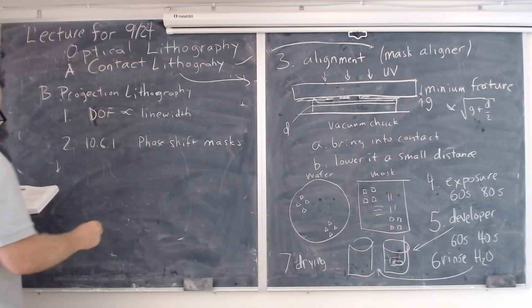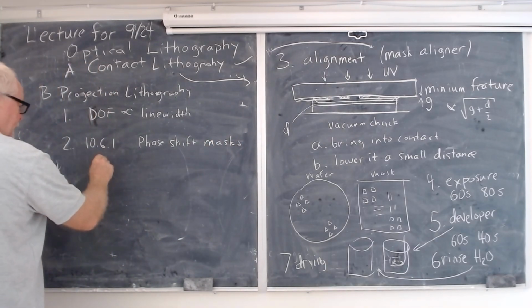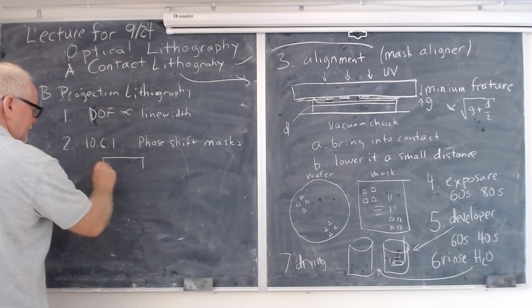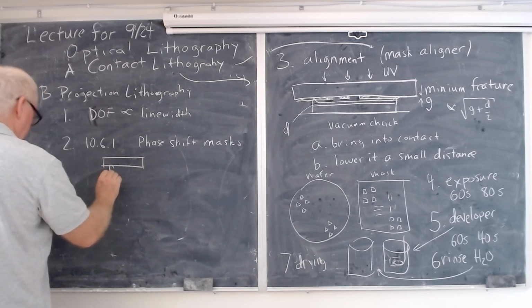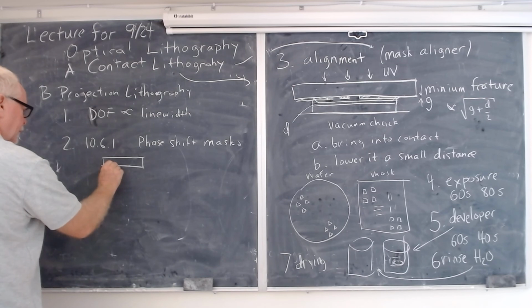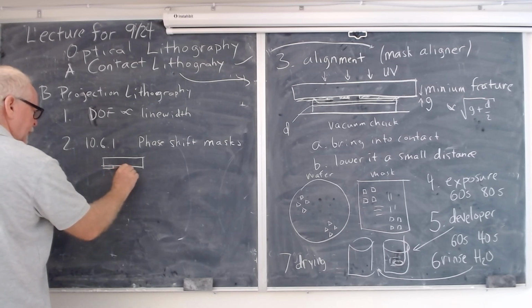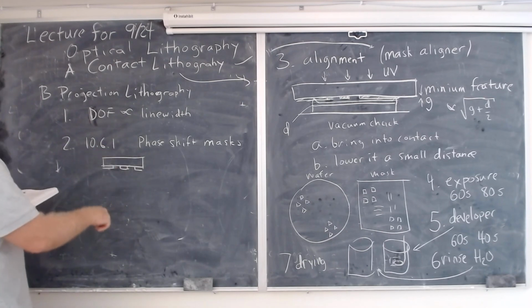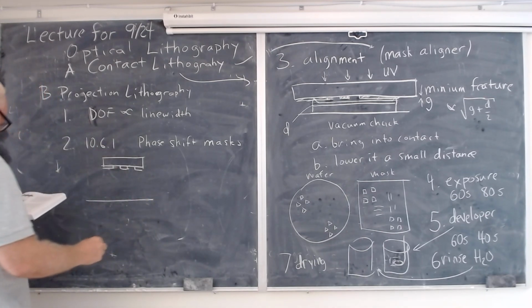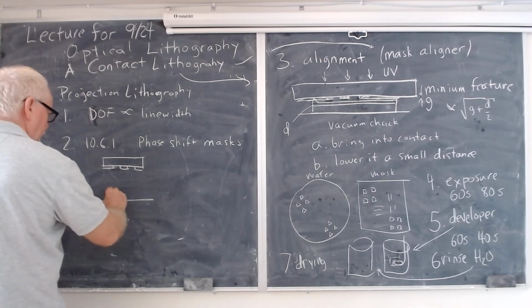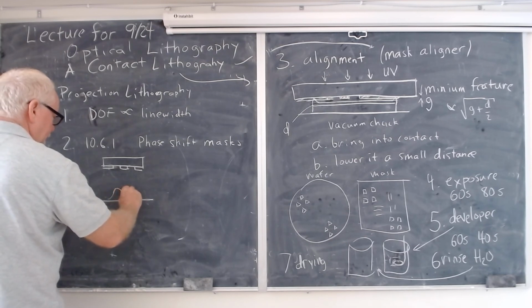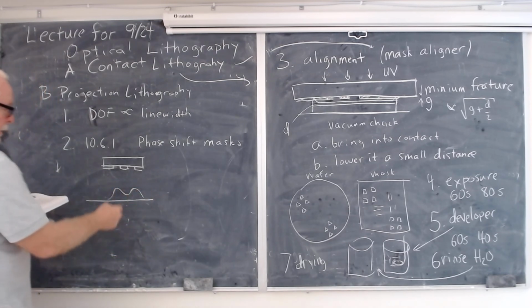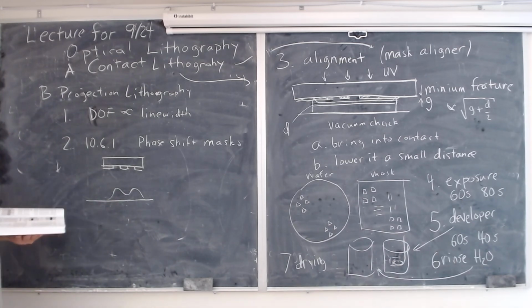It's a very nice picture there that basically, I guess the masks are upside down. If your mask has two openings like this, for the light to get through, on your wafer your exposure will look like this, meaning those two features kind of blur together a little bit.